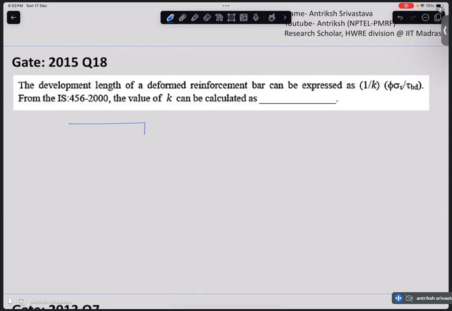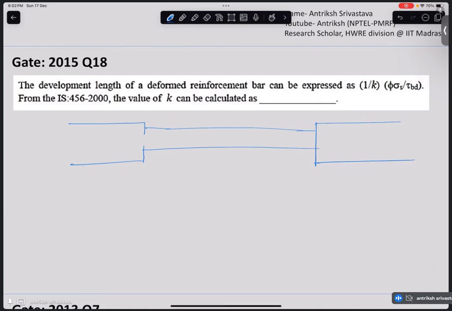So consider this as your concrete section, and then you have a beam. Let's say this is your support, and somewhere here is another support, and in between you have provided a beam.